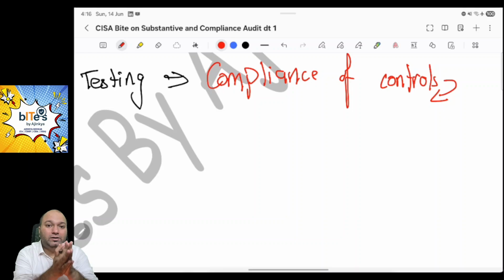How will the auditor test whether the control is in compliance with the policy or not? The auditor will simply ask the auditee or the client to share any one example of the leavers process, of the account disabling process, where the auditor will ask for the disabling date, and check whether the account was actually disabled on the last working day or not.